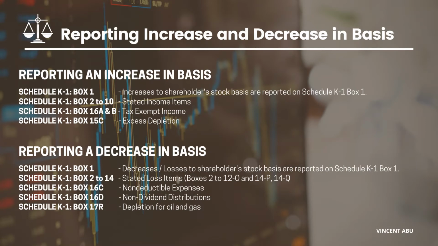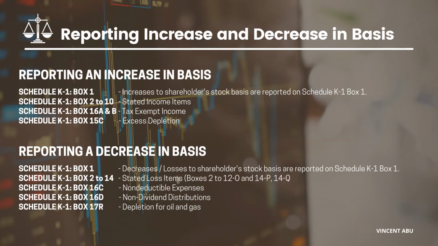When you're reporting an increase in basis, you're reporting it in box 1, which is an ordinary income increase, and then you're reporting the stated income items on boxes 2 through 10. In boxes 16A and 16B, you're reporting the tax-exempt income. And in box 15C, you're reporting the excess depletion.